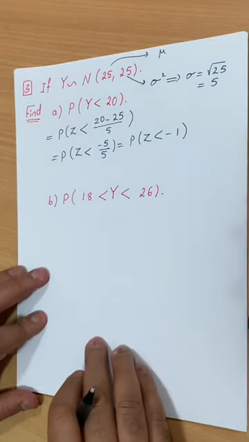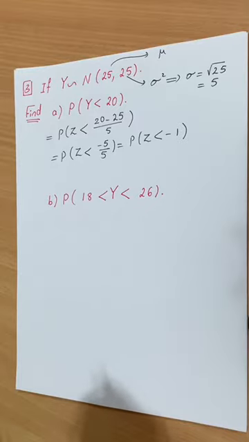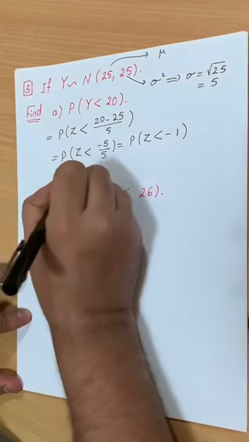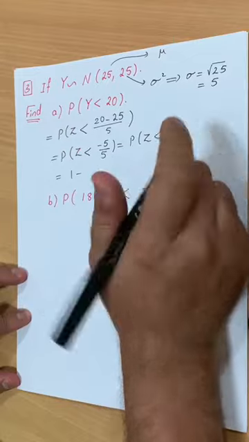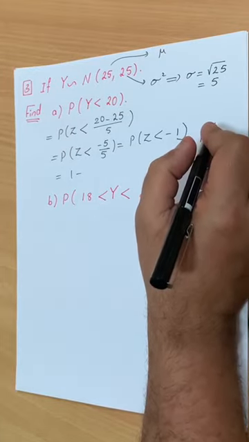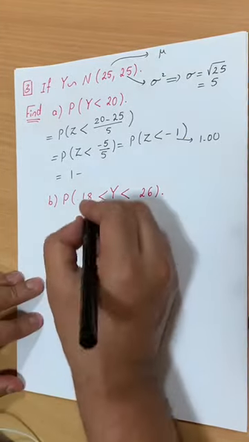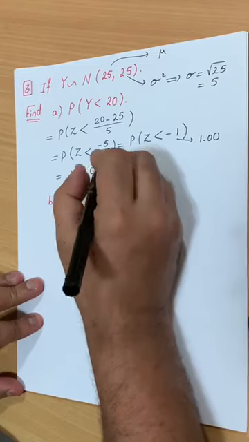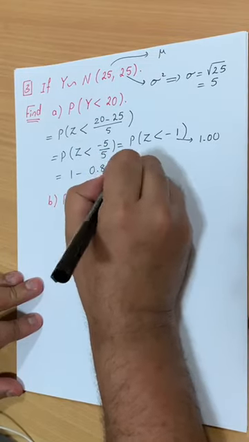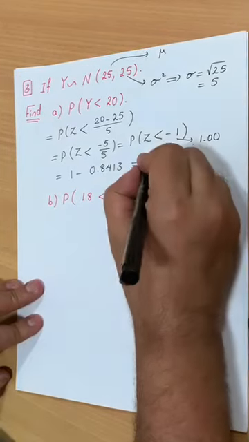Less than negative is the same as more than positive, which means left of negative is the same as right of positive, which is 1 minus the table value. So 1.00, it's not 0.1, this is 1, a whole number. So 1.0 in the first column, 0.8413. 1 minus 0.8413, then the answer is 0.1587.